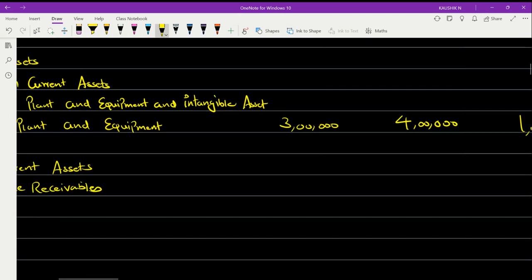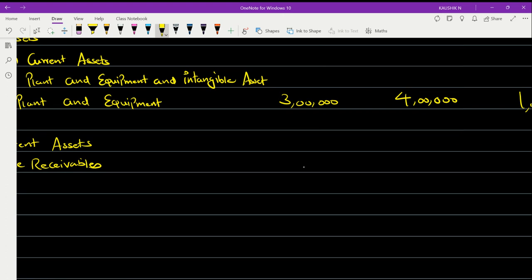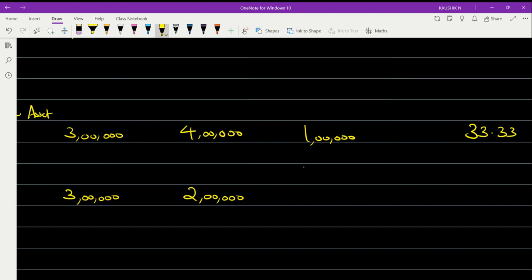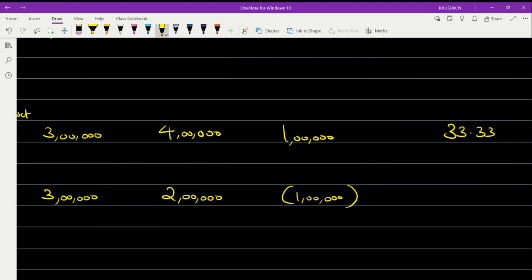So 3 lakhs and 2 lakhs. Now what will be the value? Negative 1 lakh rupees. Correct? Yes, sir. And again, previously we did 1 lakh by 3 lakh into 100 and got 33.33. Here also it's 1 lakh by 3 lakh into 100. You'll get 33.33, but in the negative form.